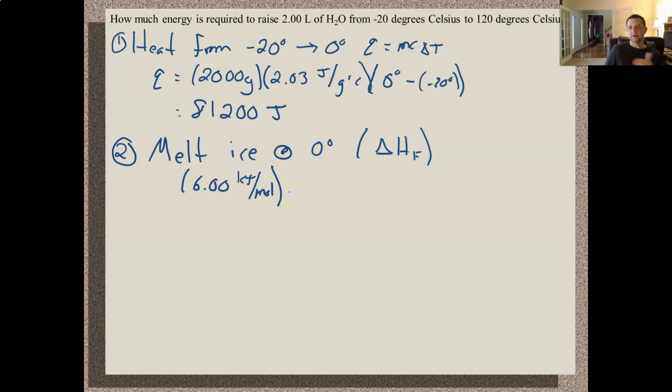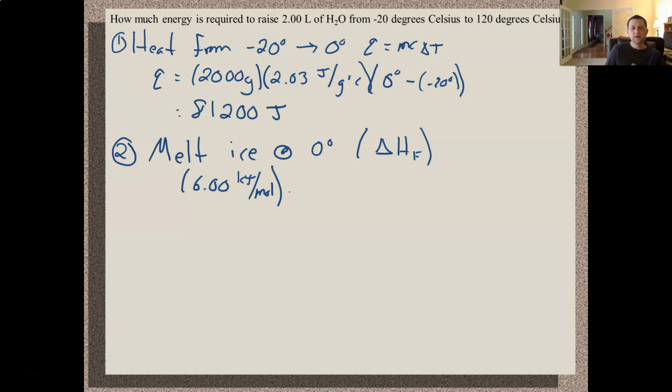The units here are key. So we're in kilojoules here. I need to make sure I'm consistent between the different parts of this process. What I need to do then is convert 6.00 kilojoules per mole into joules. I need to cancel out moles here, so I need to figure out how many moles of water I have.